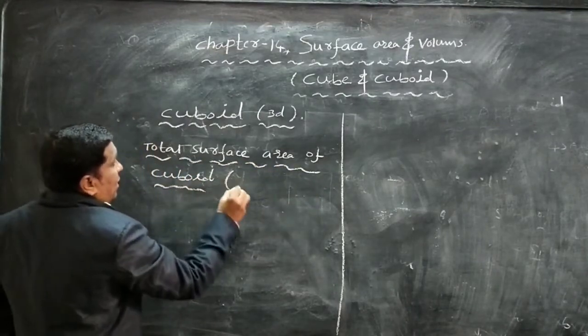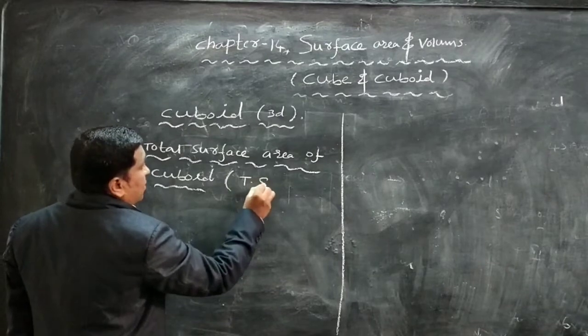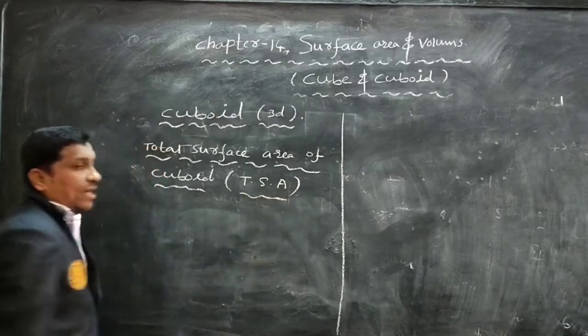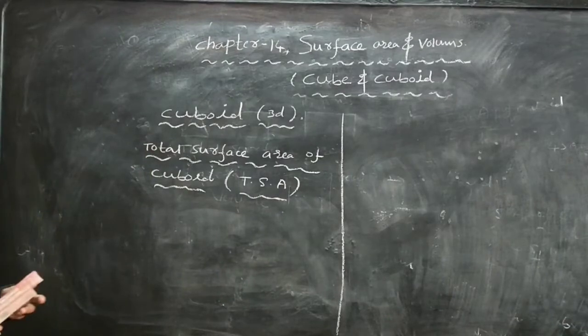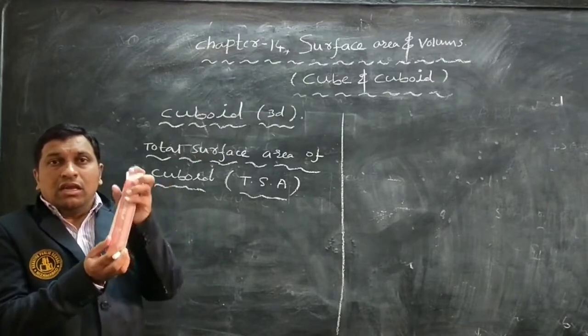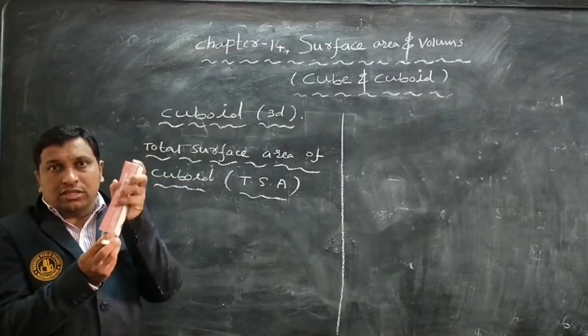Total surface area, TSA, of a cuboid. First, this is a cuboid box, yes or no?